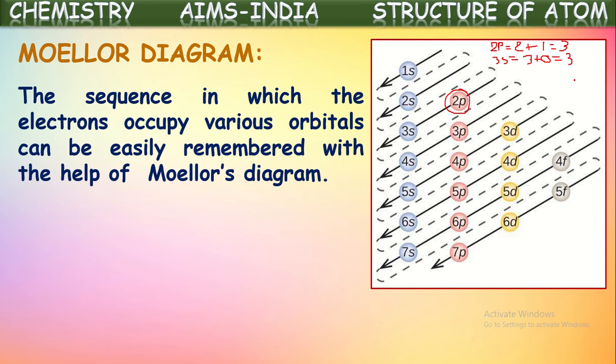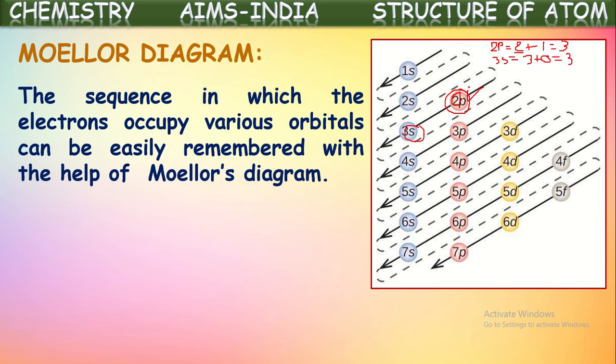Now, as there are two orbitals with the same n plus l value, the orbital with lower n value is filled with electrons first. So out of these 2p and 3s, which is having lower n value? This 2p is having lower n value. So it is occupied with the electrons first.